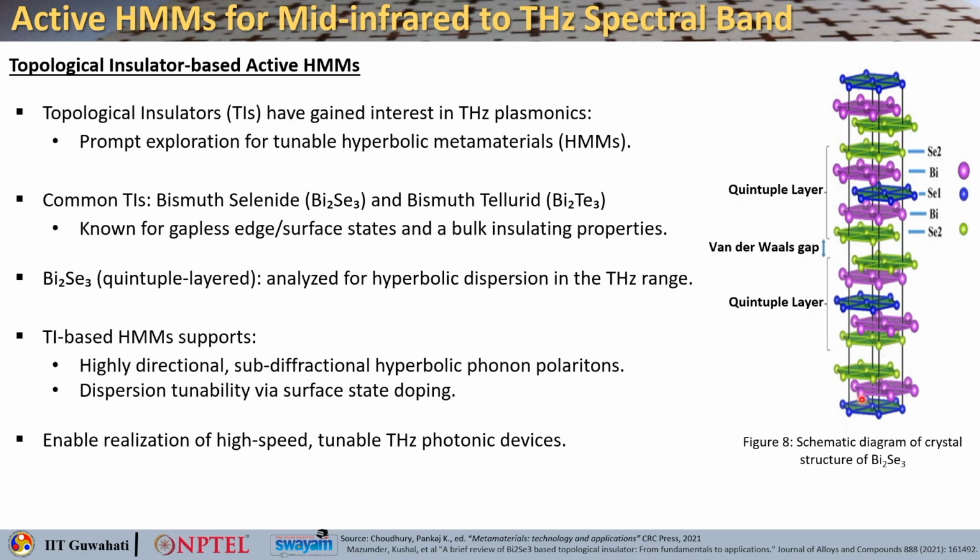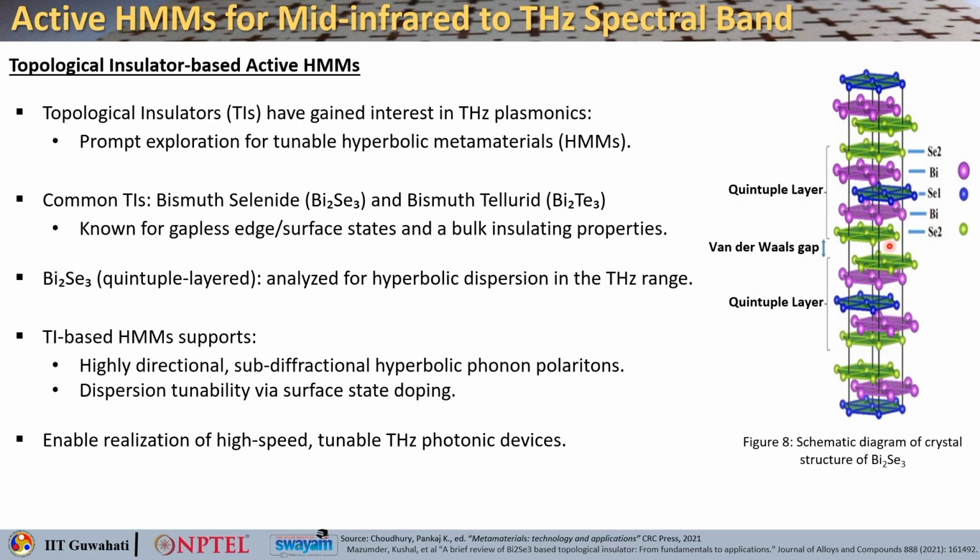If you carefully look at this particular figure, it shows the quintuple structure of bismuth selenide, which is a topological insulator. It basically has those 5 atomic layers stacked in a particular sequence: Se, Bi, Se, Bi, Se, that is the sequence.